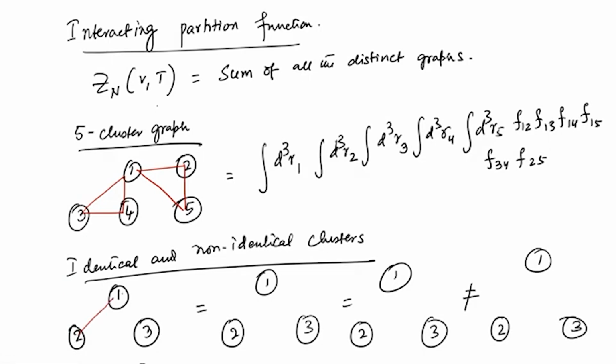So, this and this, this and this, but this is not the same as this and this. Okay. So, the first 3 are identical, whereas the last one has to be counted separately.